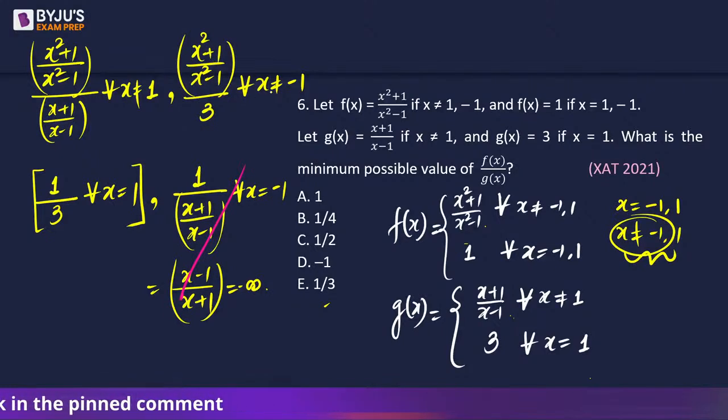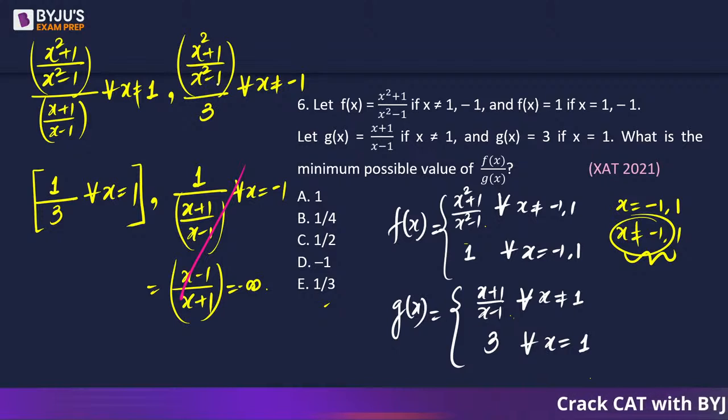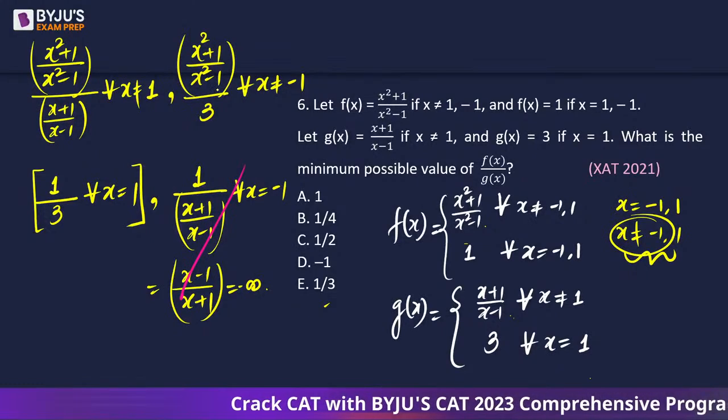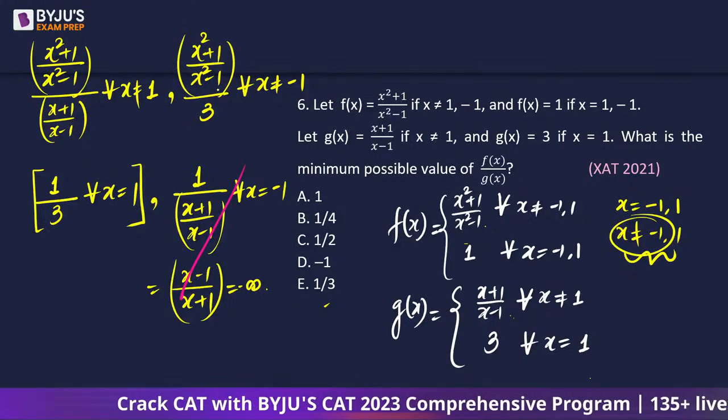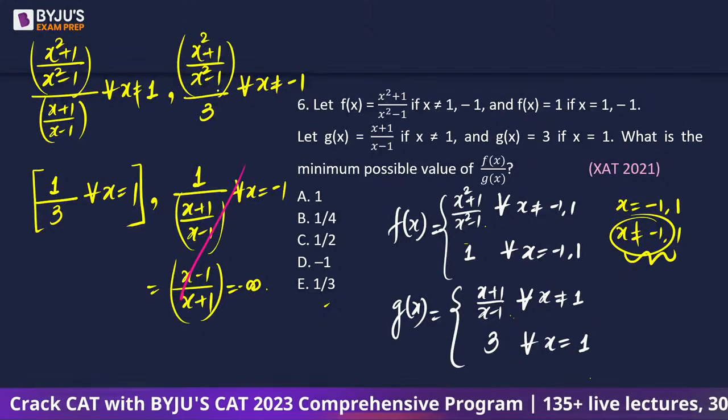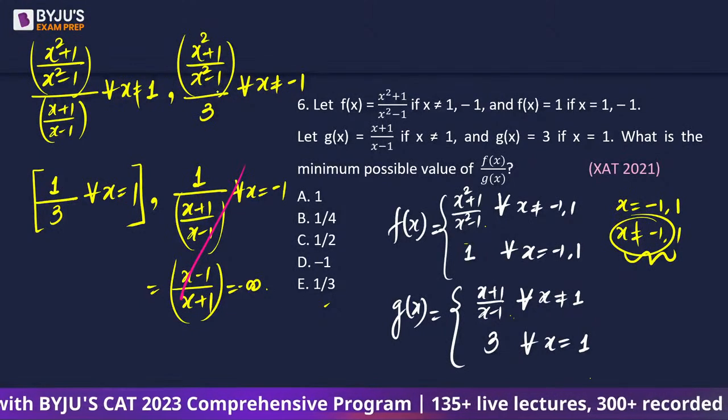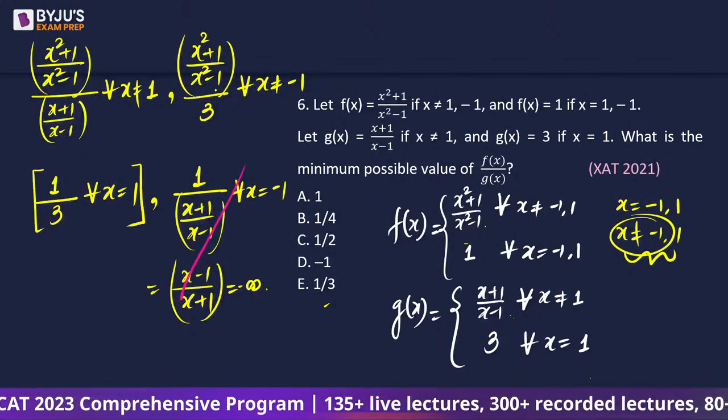Okay. If we take x is not equal to -1, then that would mean कि ये आपका x की वैल्यू 1 भी हो सकता है. If x is going to be 1, तो ये तो फिर से इंफिनिटी हो जाएगा.